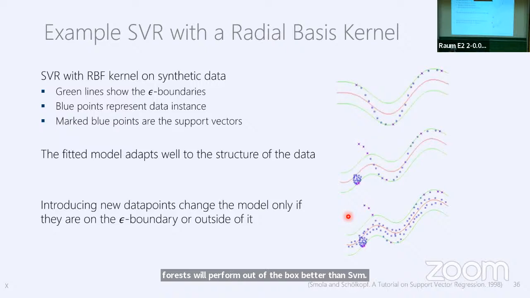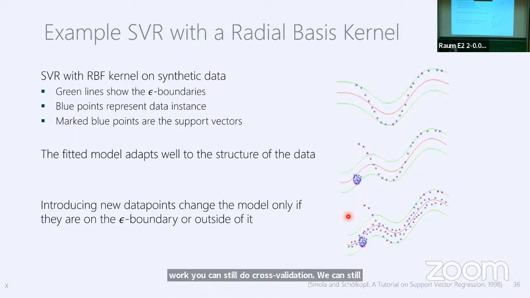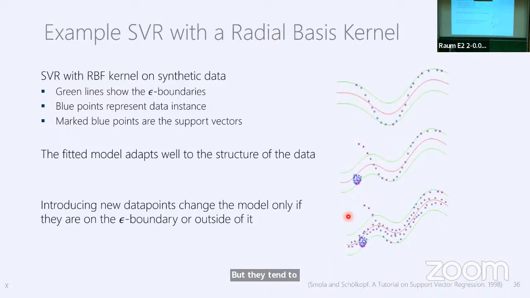This means that the range of hyperparameters that work well is larger compared to the range of hyperparameters for SVM. With SVM, you have to be careful when you tune the C hyperparameter or the gamma hyperparameter of the RBF kernel. There's very few values that work well. But for random forests and decision trees in general, usually if you just apply them out of the box, they more or less work. You can still do cross-validation and find an even better model, but they tend to work more easily or better. All right, so that was the question from chat.